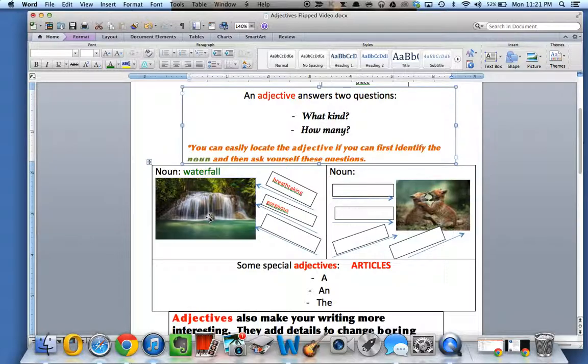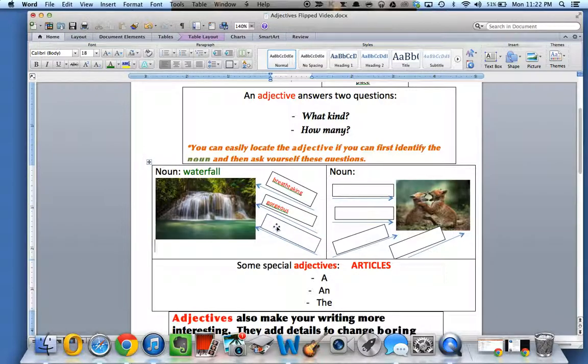So look at the picture and ask yourself, well, what kind of waterfall is it? An example of what kind would be the word breathtaking, a breathtaking waterfall. So that means breathtaking is an adjective because it describes the waterfall. Another example would be the word gorgeous. What kind of waterfall? A gorgeous waterfall.